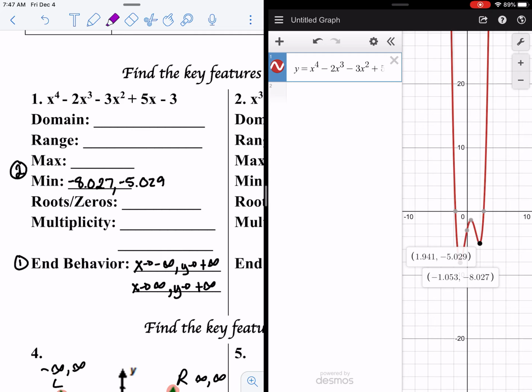Remember, I highlighted the smallest one for min, and then for my max, it'll be negative 1.382, and the biggest value it goes to is positive infinity. Again, infinity is bigger.